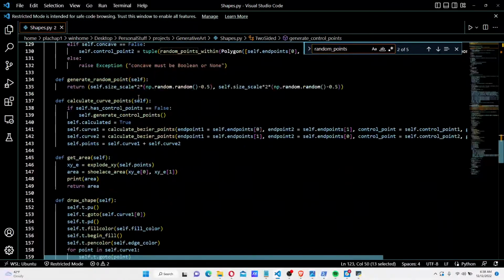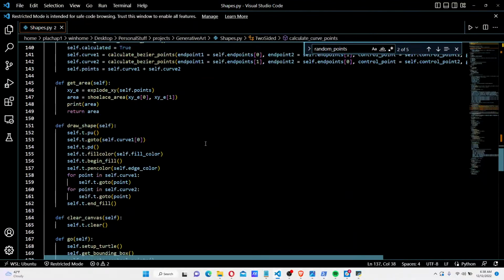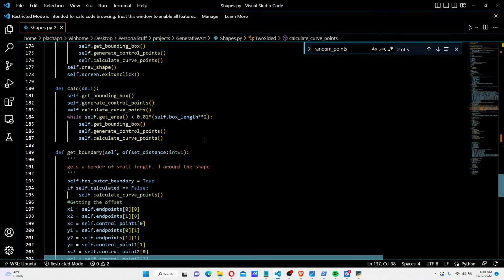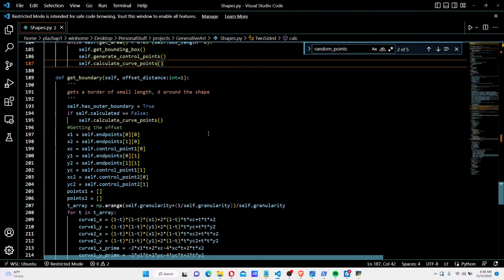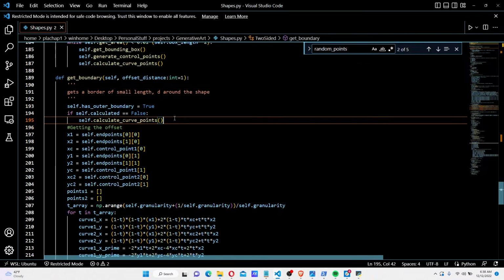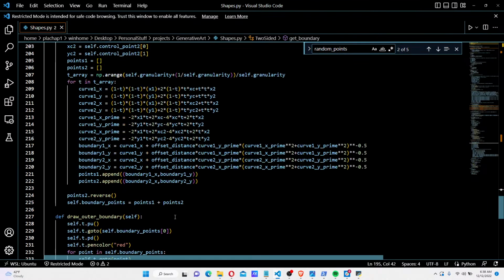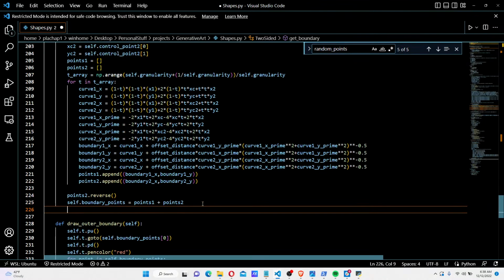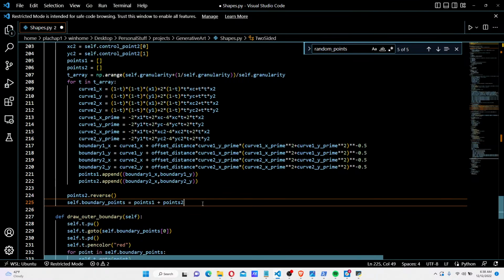So generate control points, random points, calculate curve points, draw shape, clear canvas, calc, get boundary. Just gonna do another one. Oh no. Oh, well, I have boundary points.